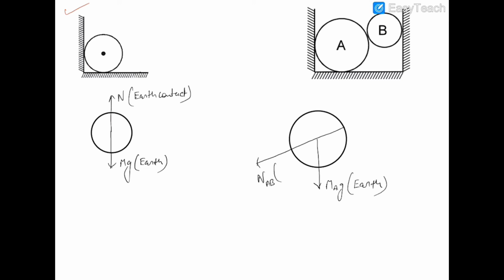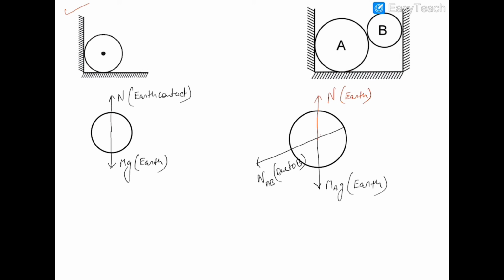Let me name it NAB, normal reaction force on A due to block B. Another force is acting on ball A, in the upward direction. This is the normal reaction due to earth contact. I'm assuming this bottom surface in all the cases to be earth contact.